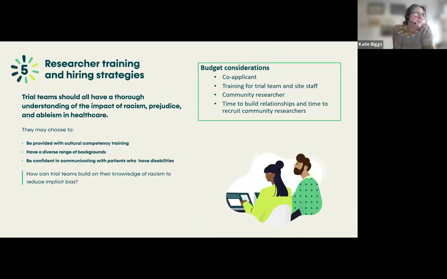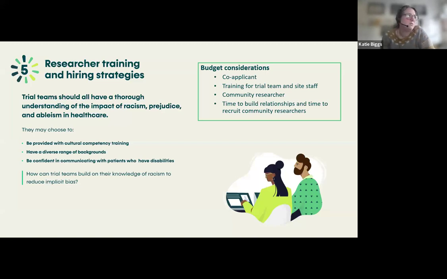Researcher and hiring strategies. We obviously don't have much of an impact on who your trial teams are, but we are very clear that we need to make sure we have the right expertise in a trial team. And if you are focusing on a specific underserved group, for example, you should also have that expertise in your trial team.